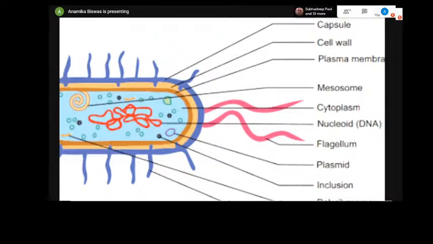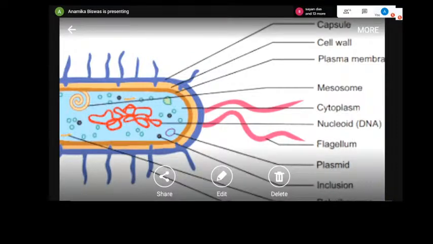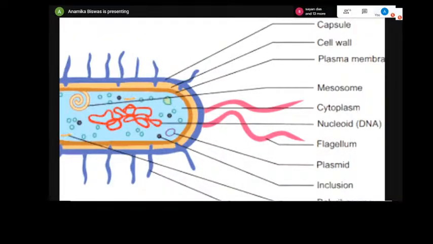It helps in respiration, then cellular secretion. It also helps in increasing the enzymatic content and surface area of the plasma membrane. So it increases the surface area of the plasma membrane and helps in respiration. It also helps in the formation of cell wall.